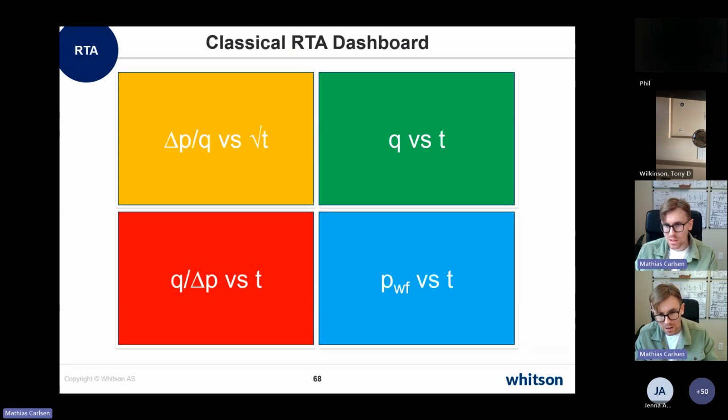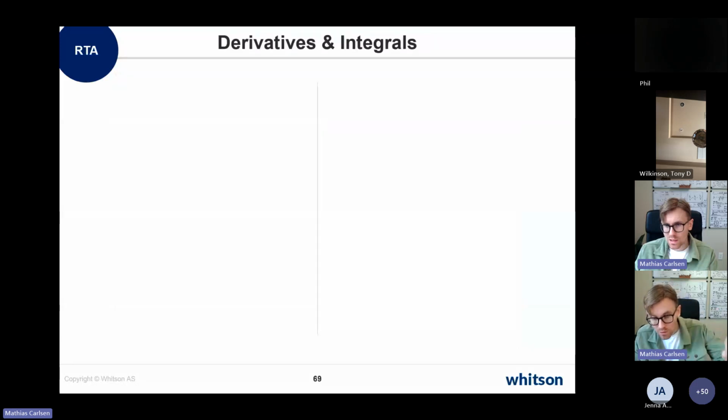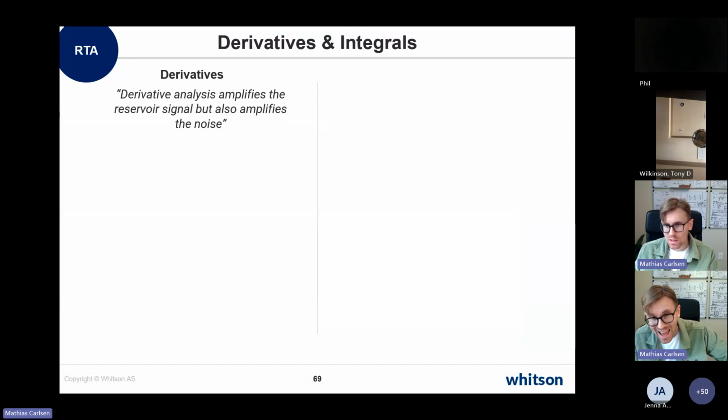And there, when you analyze these pressure signals, it's very common to use derivatives of pressure and the integrals of pressure. And that's also common to use, or can be powerful to use, when you do use analytical RTA as well. And in general, these derivatives, they amplify the reservoir signal, but they also amplify the noise.